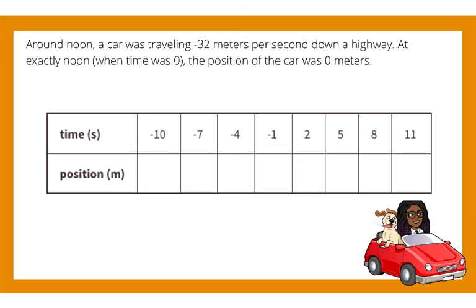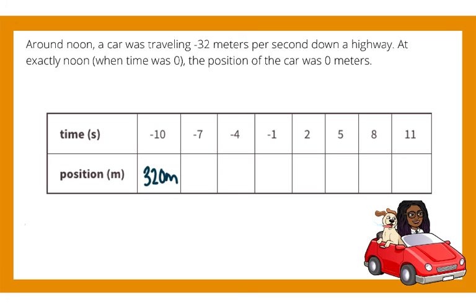Okay. So we're traveling negative 32 meters per second and the time is negative 10. So what is our ending position, or what is our position? What we're going to do is multiply negative 32 times the amount of time that's passed, and we're going to get a positive 320 meters.